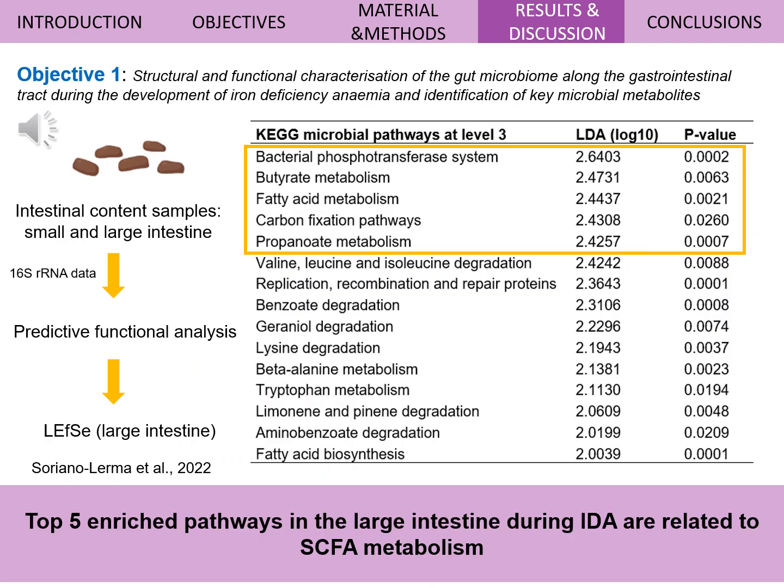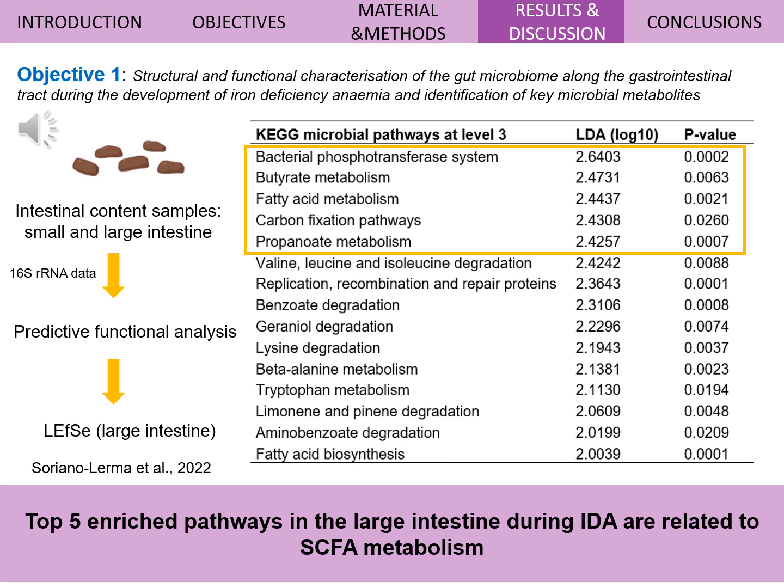Next, we performed a predictive functional analysis with 16S rRNA sequencing data, and we performed LEfSe analysis to identify enriched pathways in both experimental groups. We didn't obtain any enriched pathways in the small intestine, while we did obtain 15 enriched pathways in the large intestine of anemic animals.